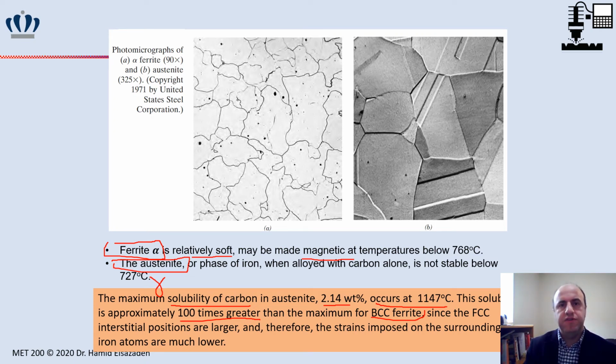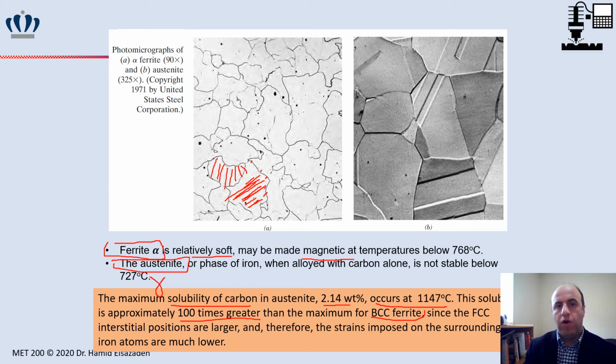The next slide. Here is the microstructure of ferrite and austenite under a microscope. You see these black lines, these are grain boundaries. This is a grain. As we mentioned before, all the unit cells within the grain have the same direction, the same arrangement, but this one may have a different arrangement.